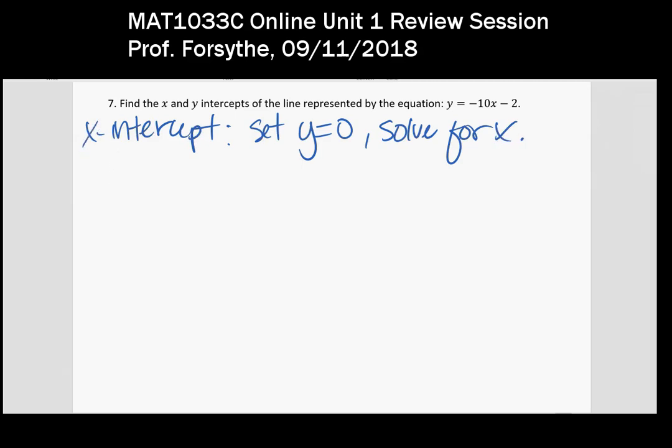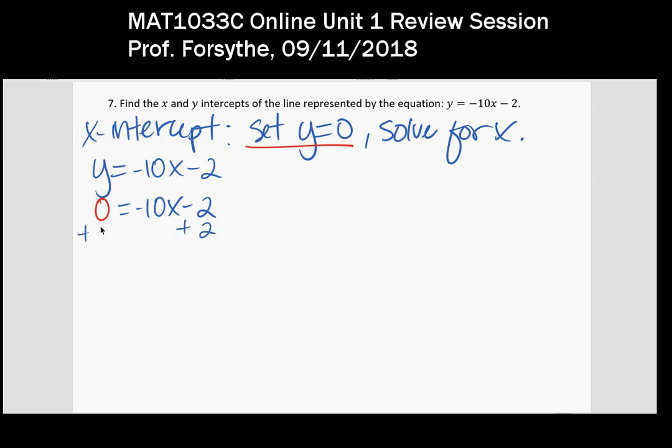So if we have y equals -10x minus 2, we're going to set y equal to 0, so it's going to be 0 equals -10x minus 2. And then we're going to solve for x.